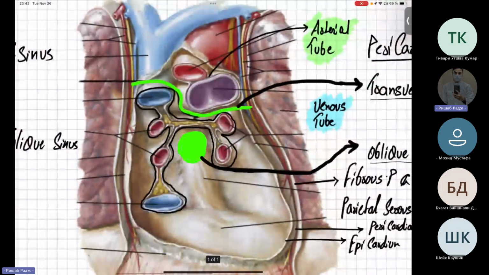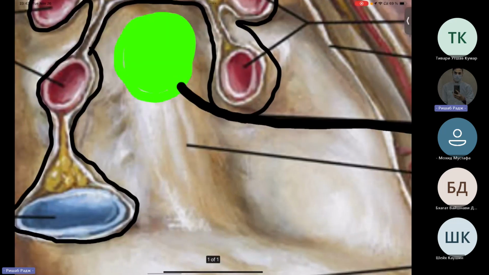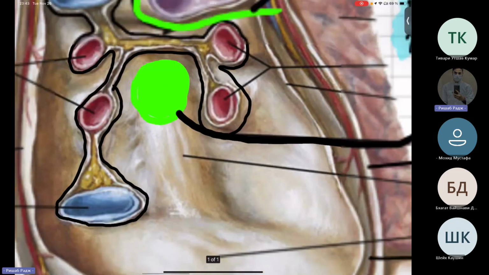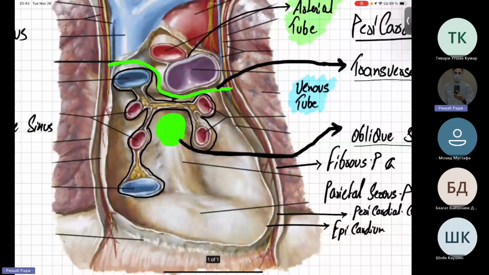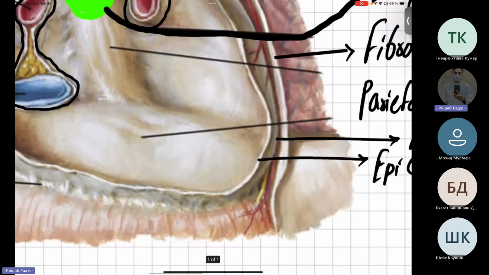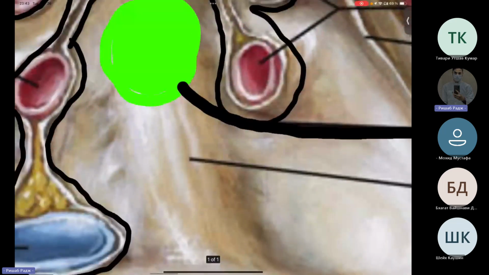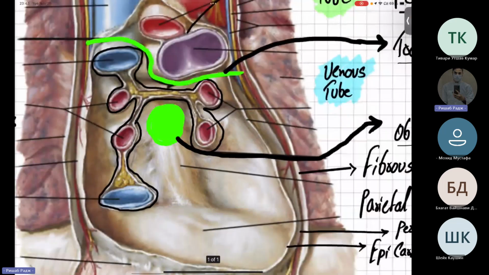This was your oblique sinus, and I had told you posterior to the oblique sinus, this part that you see here, you see this arrow, is nothing but your esophagus. And can you see the expansion of fundus here? So if acid goes above, you will feel that you are having pain posterior to your heart. Or if not so localized, you will think you are having pain in your heart.